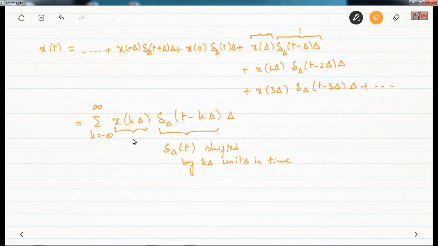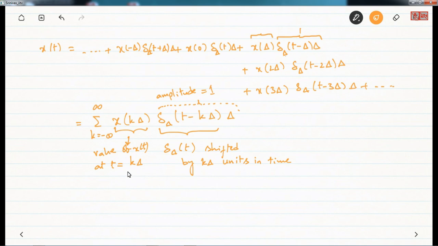And this is the value of x of t at t equal to k delta. You should also note that the amplitude of this entire signal is equal to 1.